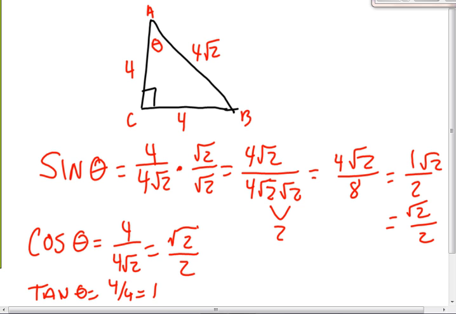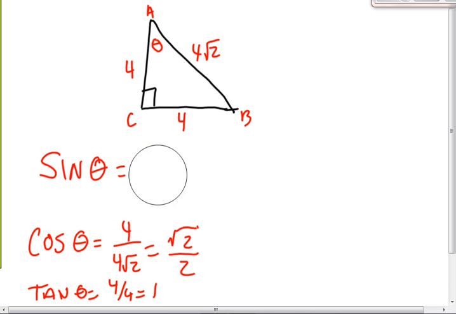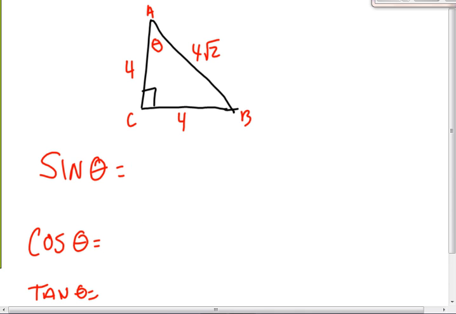Now we can take those values and find cosecant, secant, and cotangent. So square root of 2 over 2, square root of 2 over 2, and 1. So cosecant is 1 over sine, so that's 1 over square root of 2 over 2.